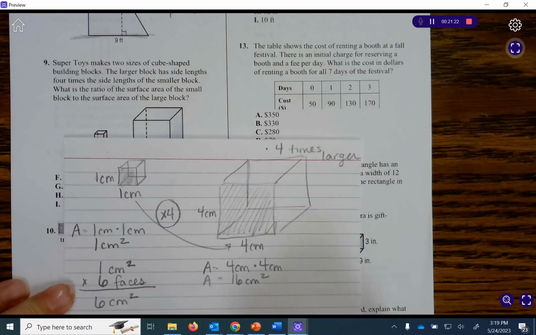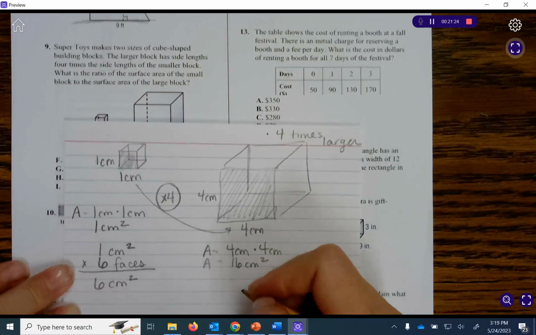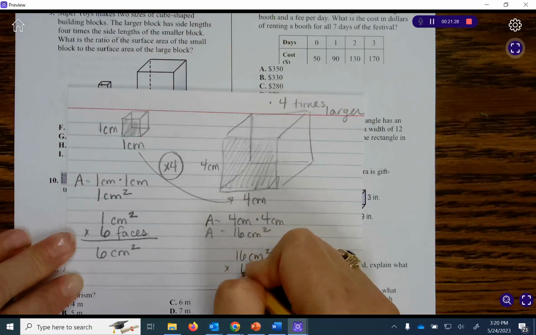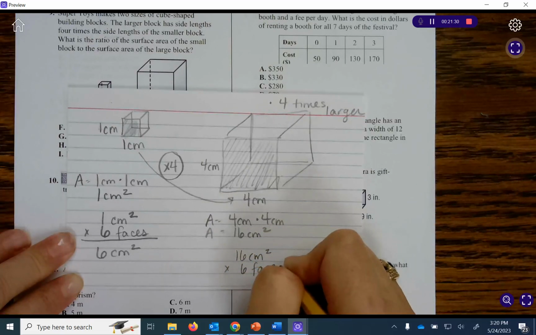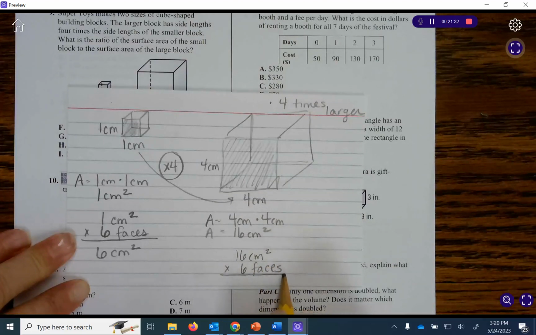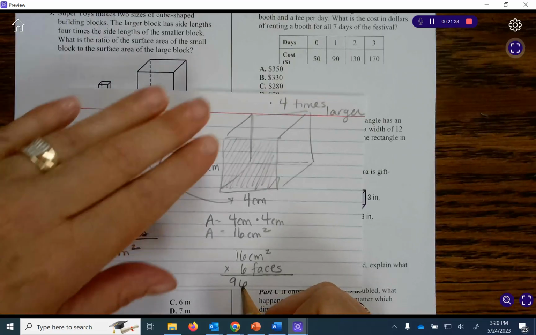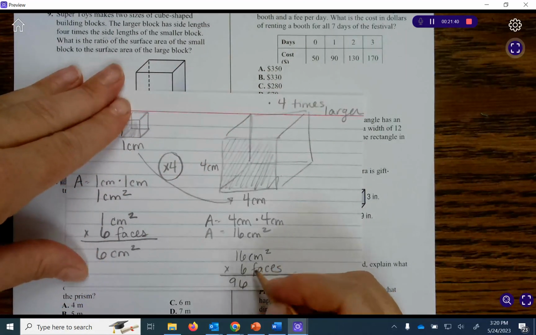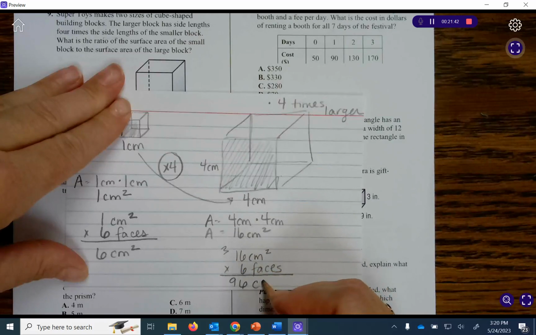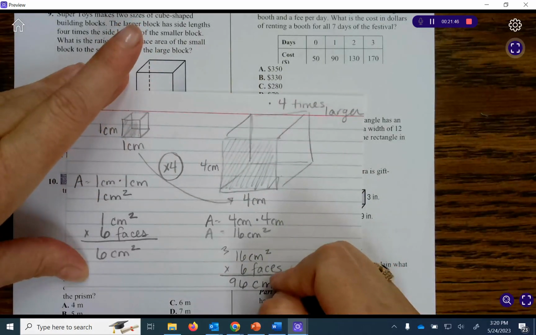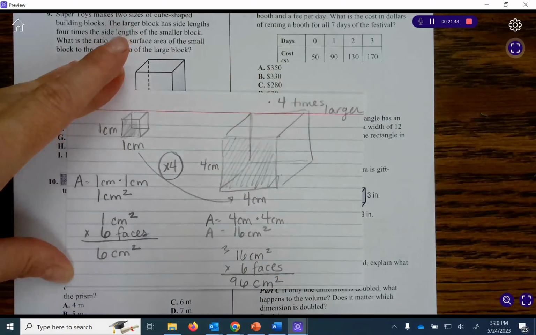There are 6 faces, so we're going to do 16 centimeters squared times 6 faces. And you get 96, wait, is that right? No, 6, yes, yeah, 96 centimeters squared.